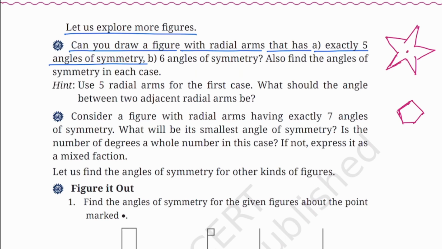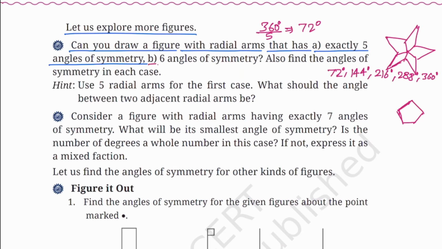Angles of symmetry will be 360 degrees divided by 5. Minimum angle of symmetry will be 72 and others multiples of 72. That is 72 degrees, 144 degrees, 216 degrees, 288 degrees and 360 degrees.